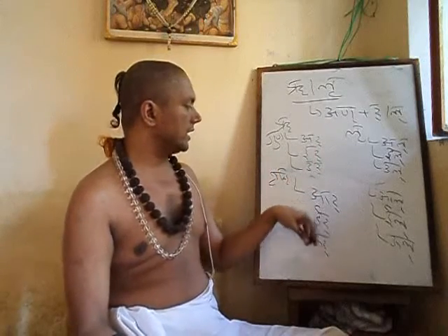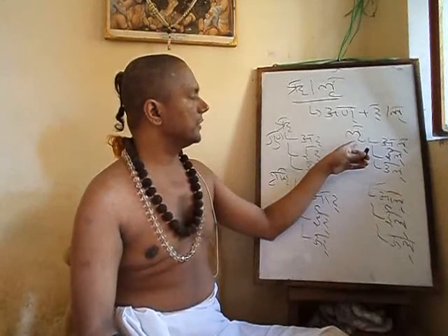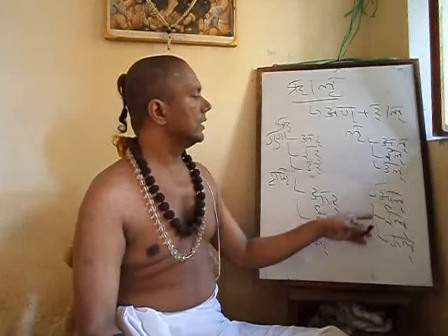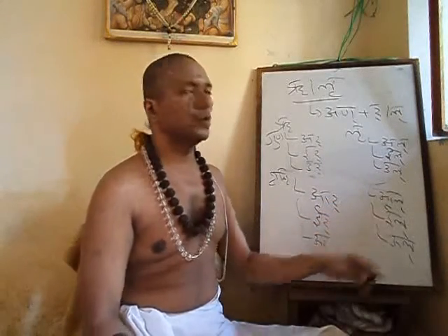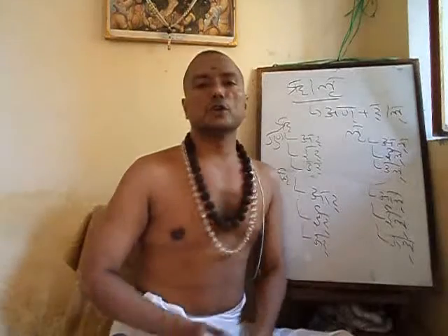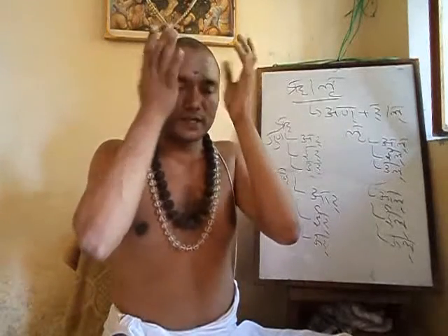Vriddhi replacement Ar, Ir, Ur. Guna replacement for L is Al, Il, Ul. Vriddhi replacement will be Al, Il, Ul. Okay. So we will see the Guna replacement.